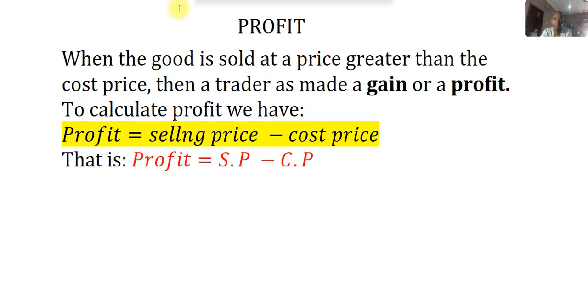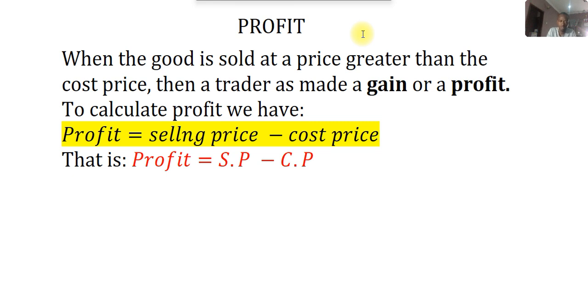Talking about profit, when the good is sold at a price greater than the cost price, that is when the selling price is greater than the cost price, the trader actually made a gain, or you call that a profit.